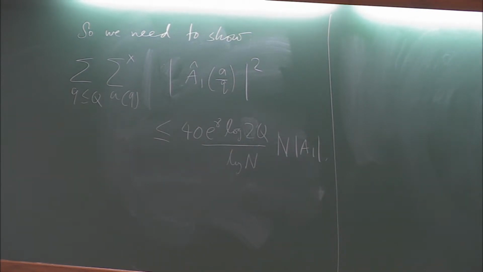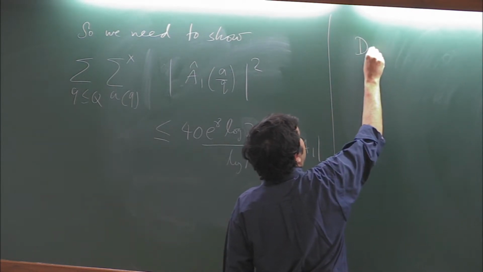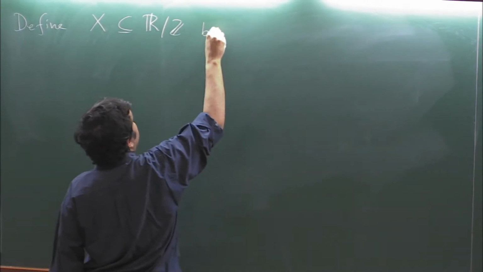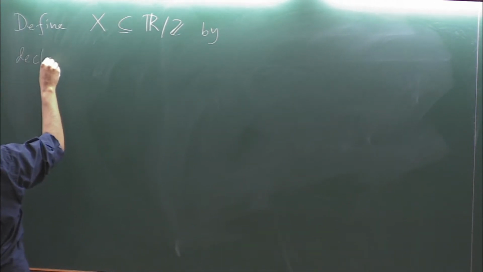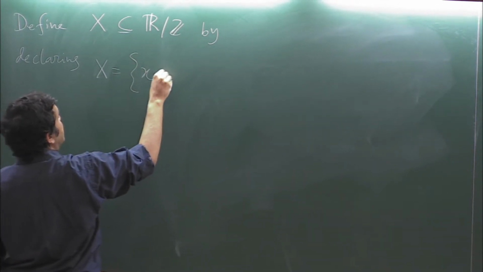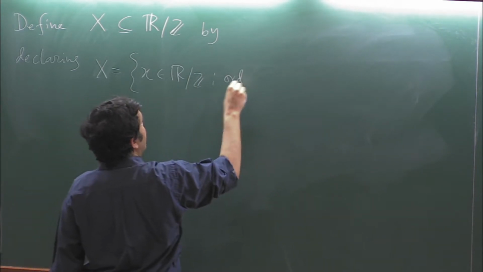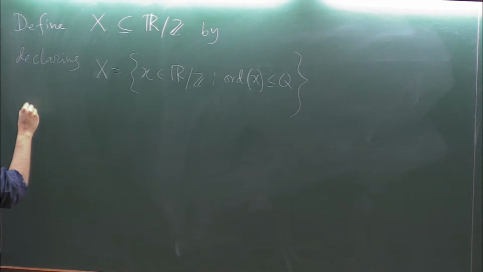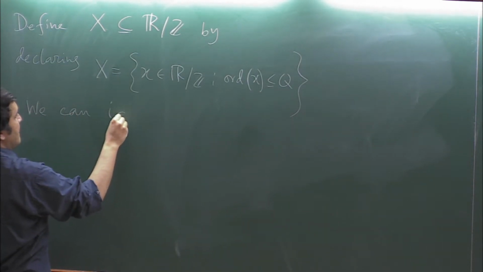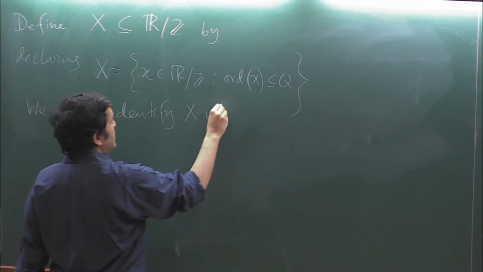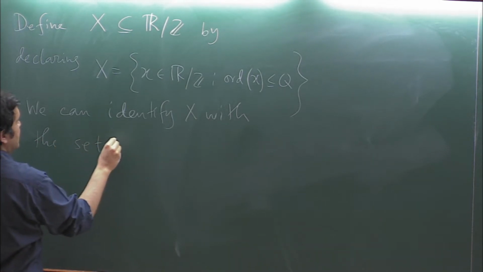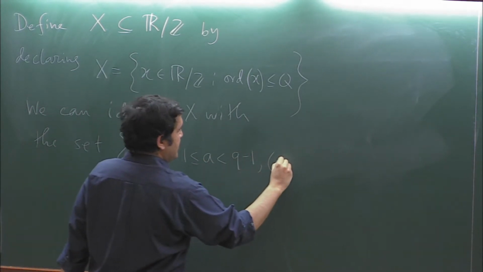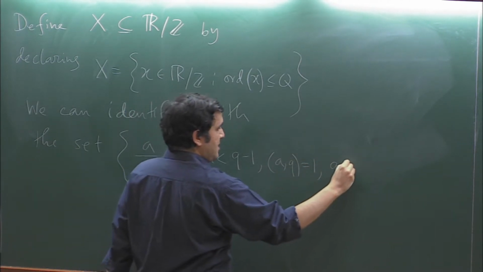So define a subset X of R mod Z by declaring X to consist of those points whose order in this additive group is bounded by Q. Then we can identify X with the set of a by q, where a runs from 1 to q minus 1, a and q coprime, and q up to Q. Right?